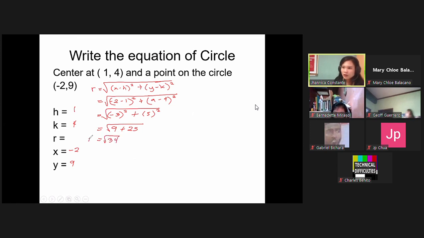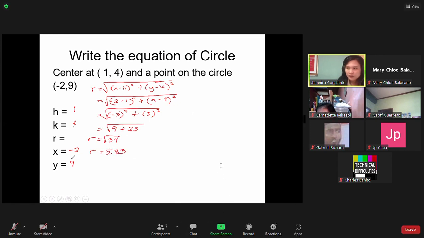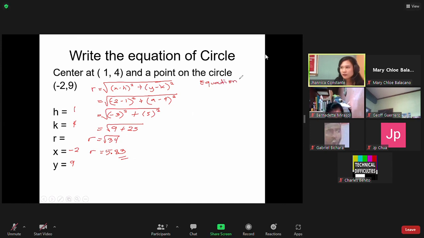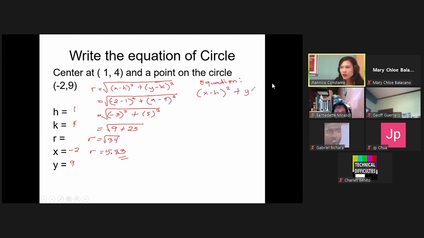Square root of 34, which is equal to 5.83. So that is our radius, 5.83. So we can now write the equation of our circle using the standard form, which is (x minus h) squared plus (y minus k) squared equals r squared.